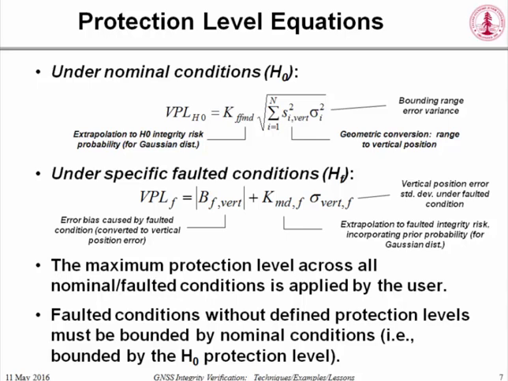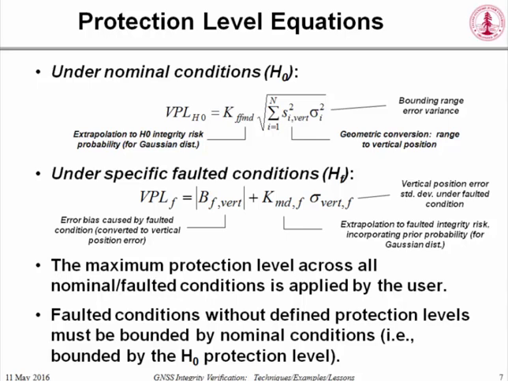It's D-weighted, so this 10 to the minus 7 K-factor is a smaller K-factor because we're already assuming a failure exists. So in a well-behaved system, usually this is the largest protection level. But we have these protection levels as well to express in real time the protection level under nominal conditions.